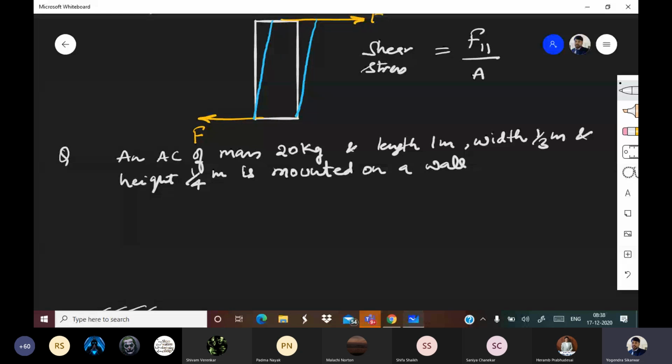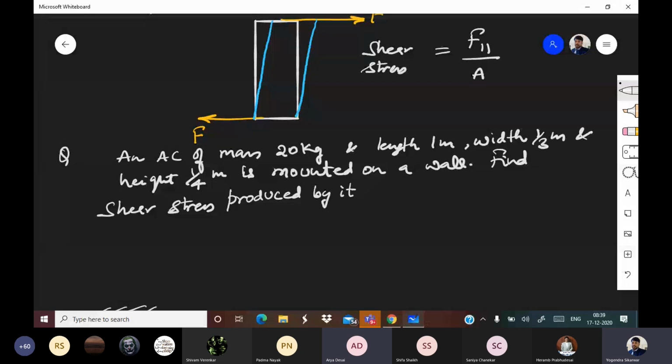Obviously the wall will be vertical. Find the shear stress produced by it. Please find, everyone.